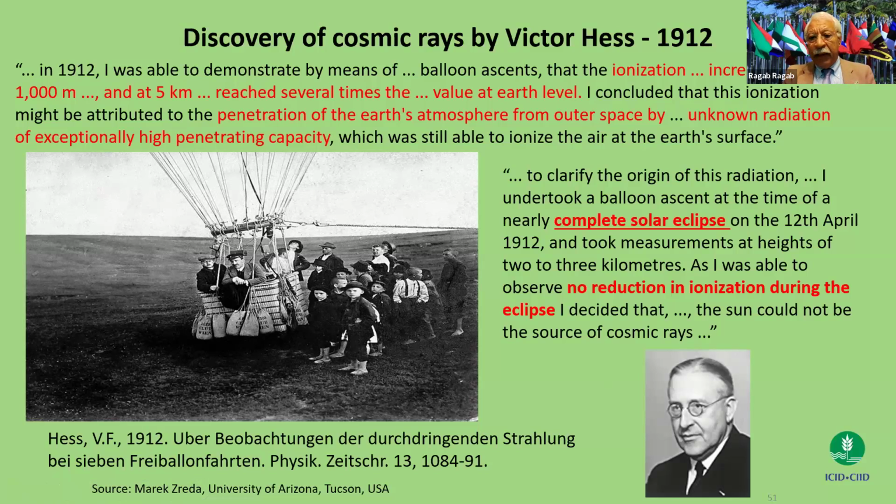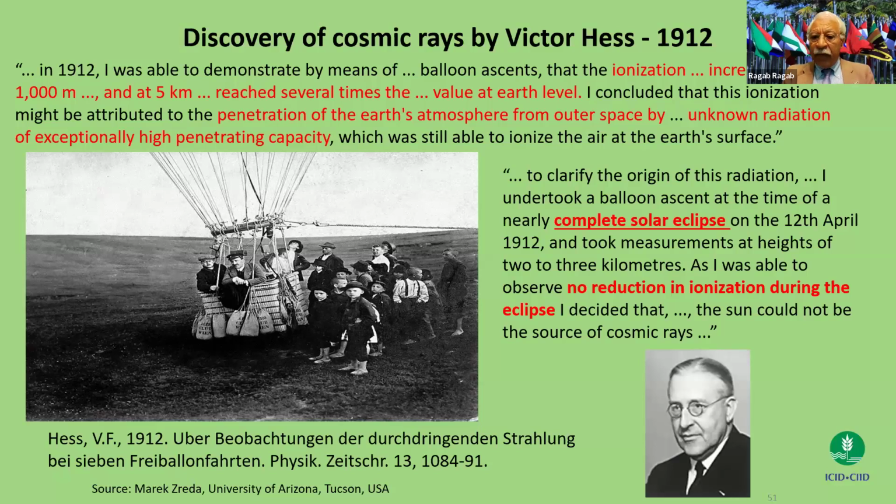I concluded that this ionization might be attributed to the penetration of the Earth's atmosphere from outer space by unknown radiation of exceptionally high penetrating capacity, which was still able to ionize the air at the Earth's surface.